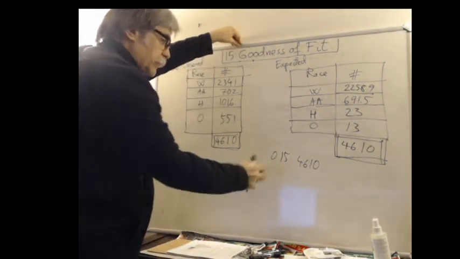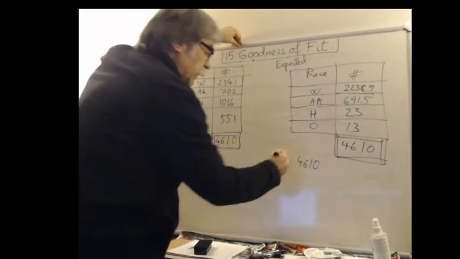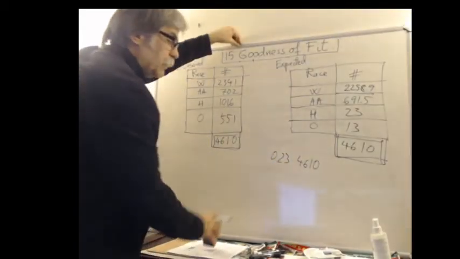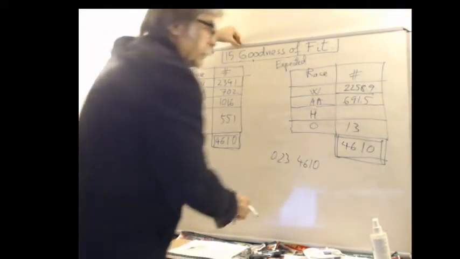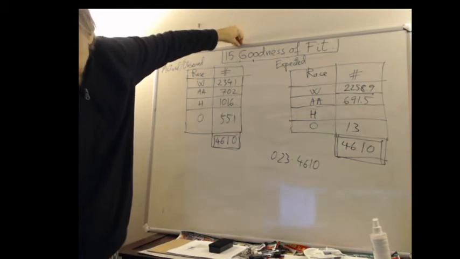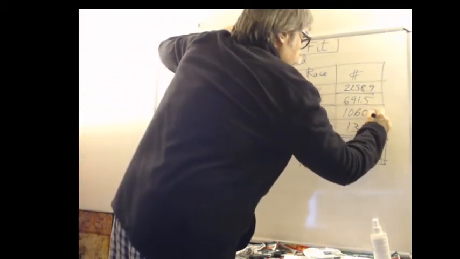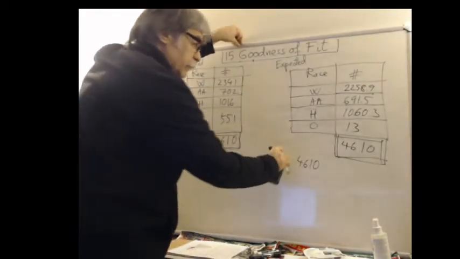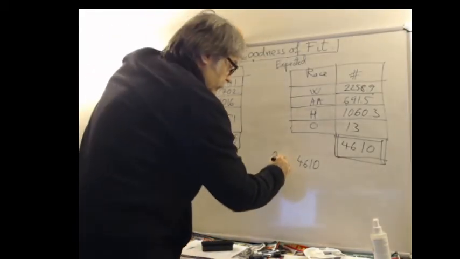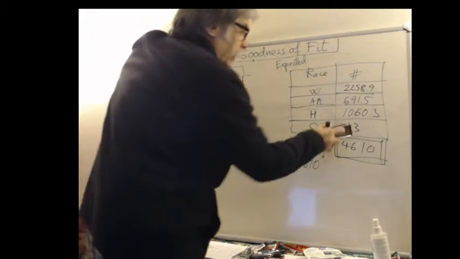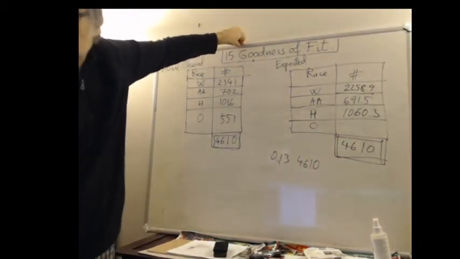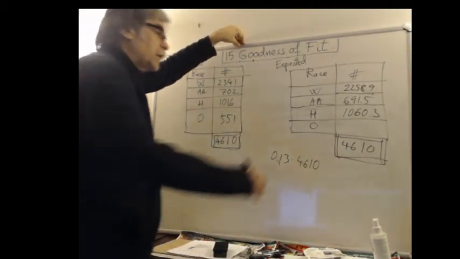Okay, the next one, Hispanics, 23% times 4,610. You end up here with 1,060.3. And everybody else, 13%. And so now you got the expected number that you should have in the college, which is 599.3.